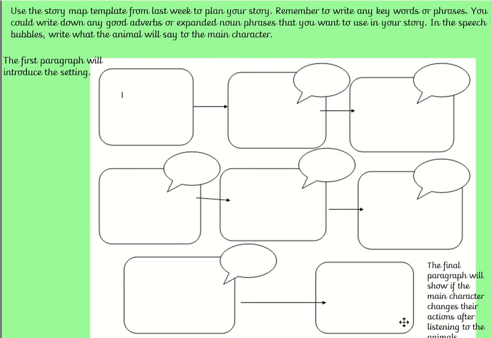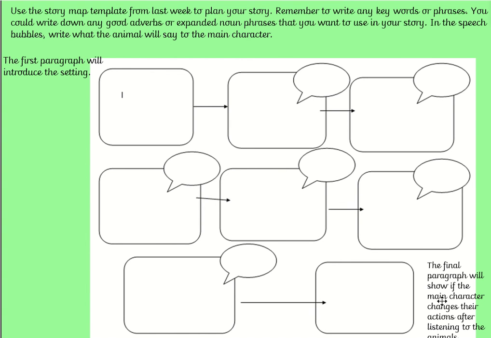The final paragraph for everybody is going to show if the main character listens to the animals and changes their actions. So in the Great Kapok Tree, the character did listen and he dropped his axe and he walked out of the rainforest. If you're doing challenge 1, you're going to keep that ending the same. If you're doing challenge 2, that main character, you might decide, doesn't drop his axe.